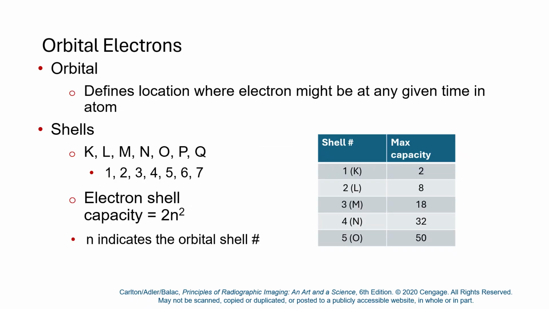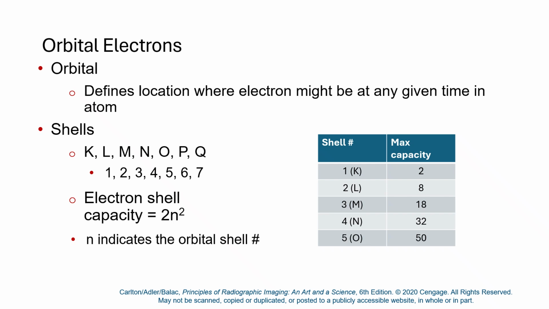And so orbital electrons are populated into shells, but there's a maximum capacity to the shells. So the principal quantum number plugged into the formula 2n squared determines the maximum capacity of any shell.